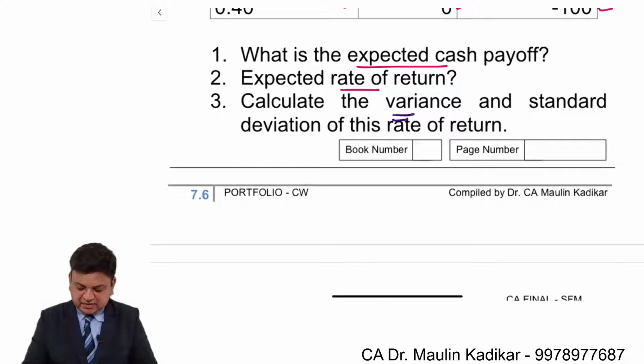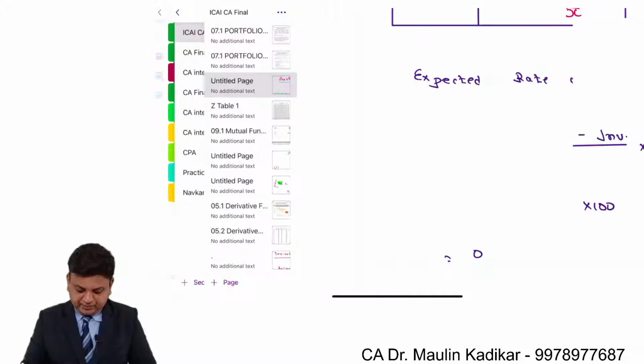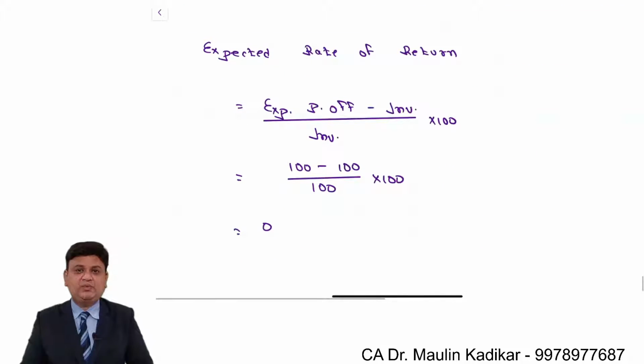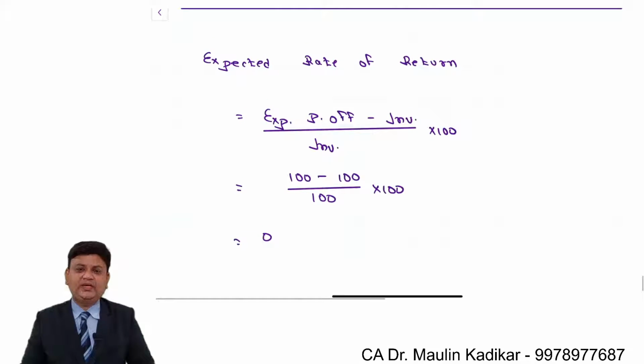Third question is to calculate the variance and standard deviation of this rate of return. So you are required to compute the variance, and at the same time the standard deviation. Dear students, we can make this calculation either in rupees term or in percentage term. Doing the answer in either term is acceptable in examination.